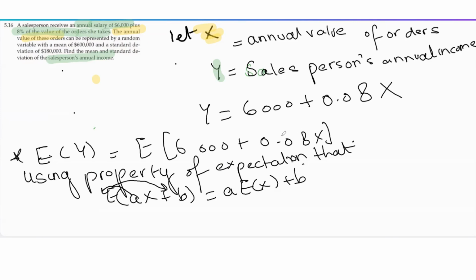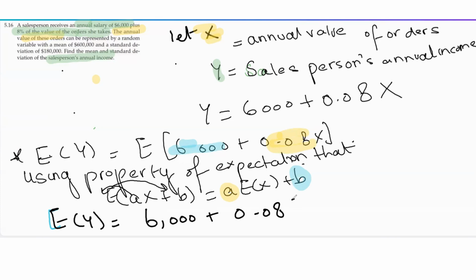Here a is 0.08 and b is 6,000, so the expected value of Y is 6,000 plus 0.08 times the expected value of X.